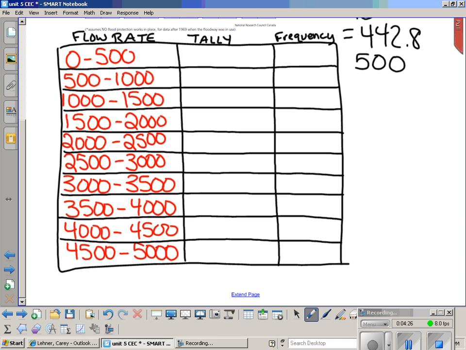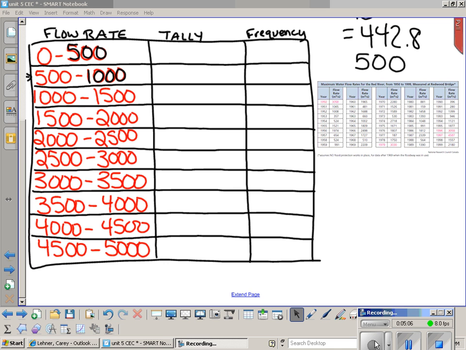The resource that we use, where your answers will come from, the 500 is included in the first interval. So we go to 500 here, whereas the next interval is going to start at 500.0001, whatever the next point would be. And then the 1,000 would be found in interval 2. Interval 3 would be the next number after 1,000. So it is important to note whether the 500 is included in the first interval or the second interval.